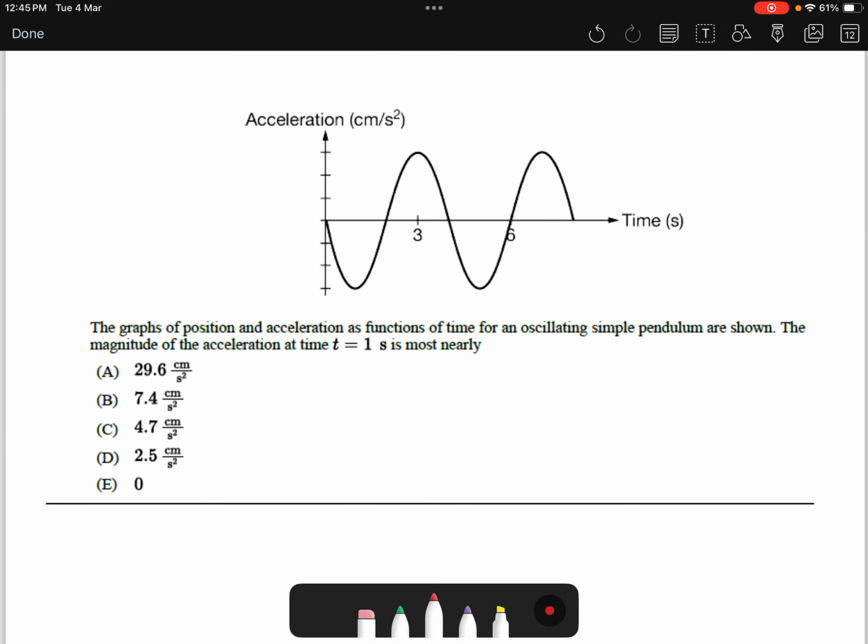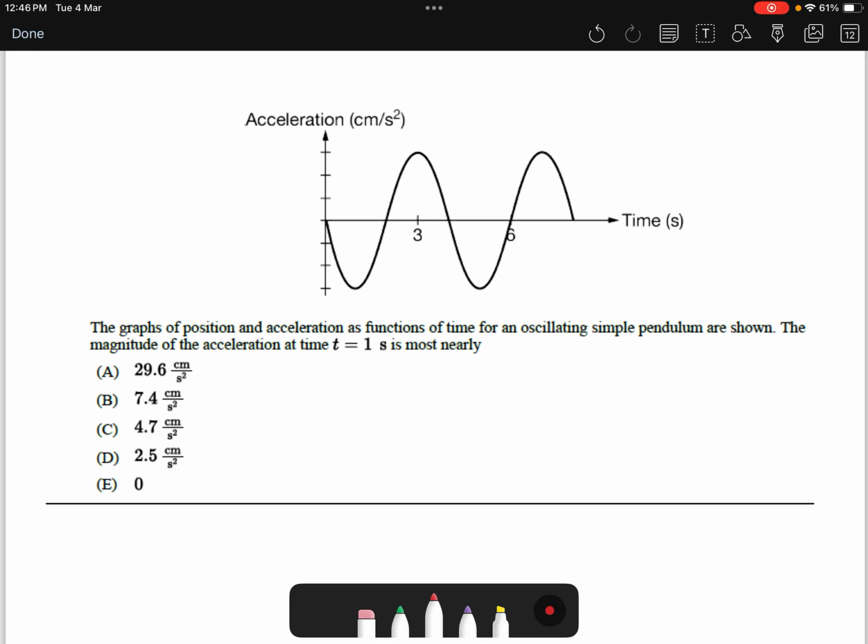The graphs of position and acceleration as functions of time for an oscillating simple pendulum are shown. The magnitude of the acceleration at time t equals 1 second is most nearly... So how can we find the maximum magnitude of the acceleration at time equals 1?